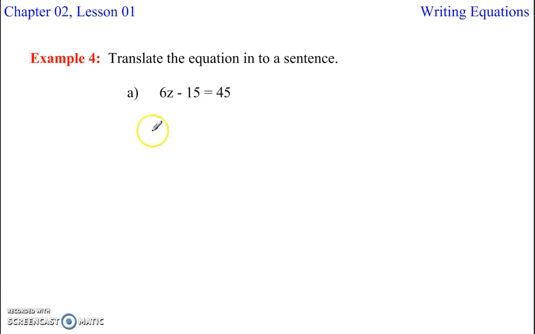Translate this into a sentence. 6z minus 15 equals 45. Well, we know that this right here, we're going to use is 45. There we go. And then minus 15 can be written as 15 less than, or the difference between, or 15 subtracted from.